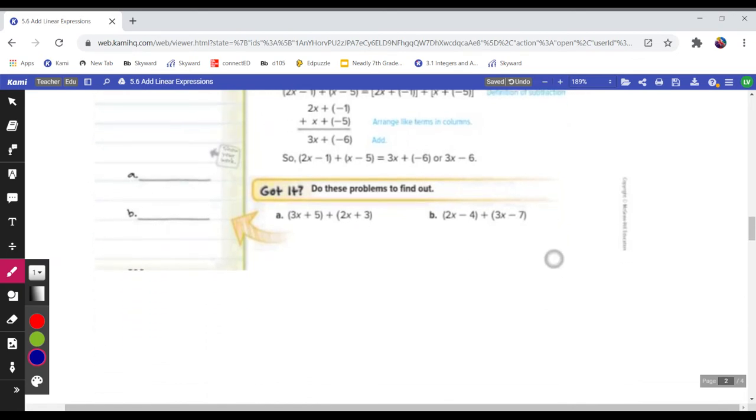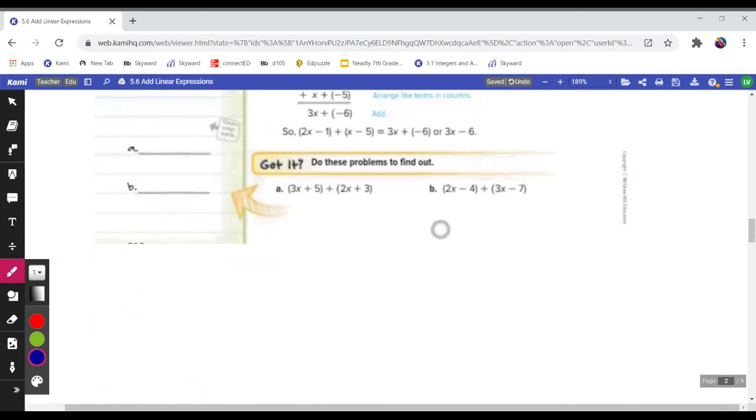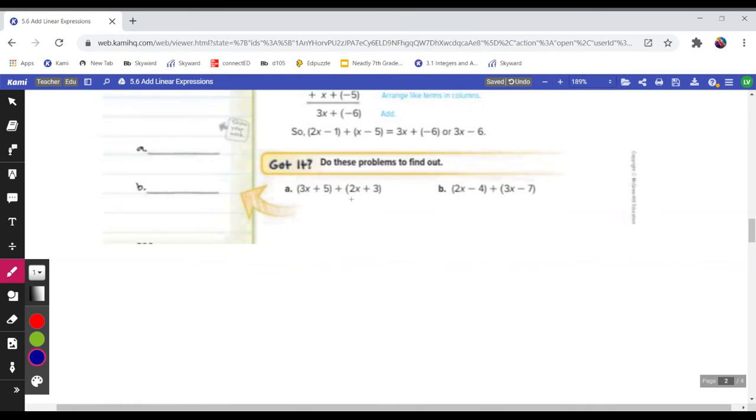So let's try letter A. 3x plus 5 plus the quantity 2x plus 3. 3x plus 5 plus 2x plus 3. I didn't need to change anything. There was no subtraction, and there are also coefficients in front of both my variables.